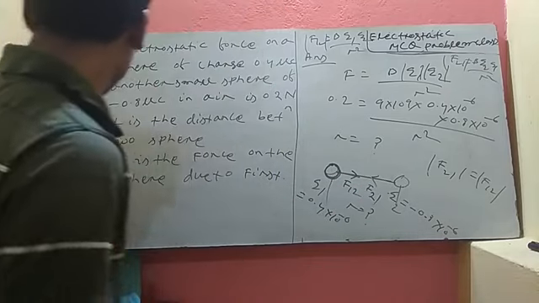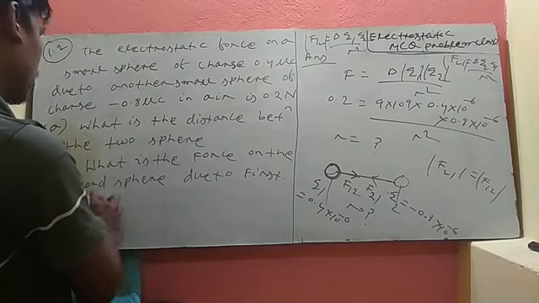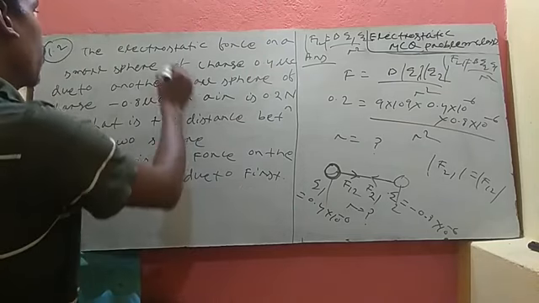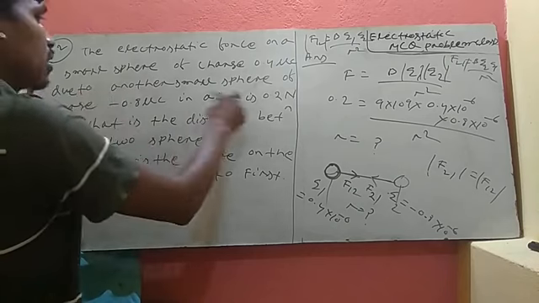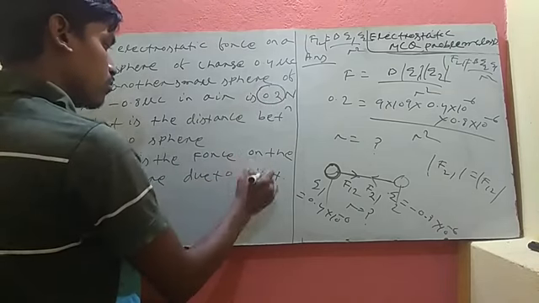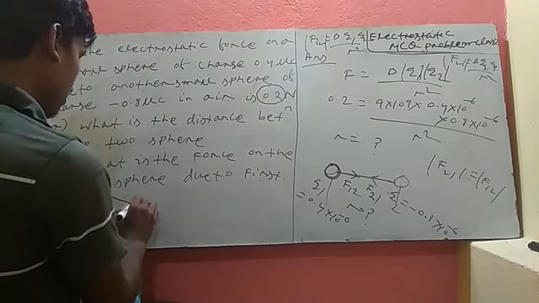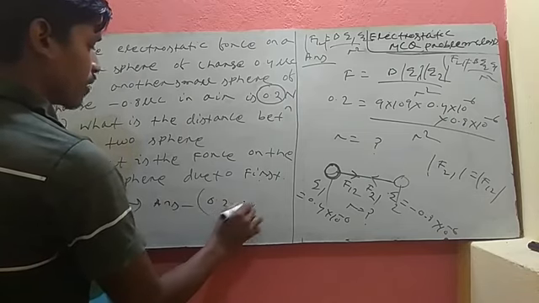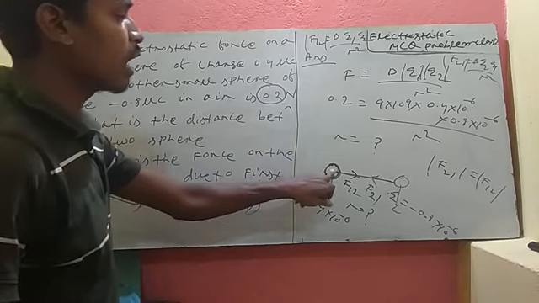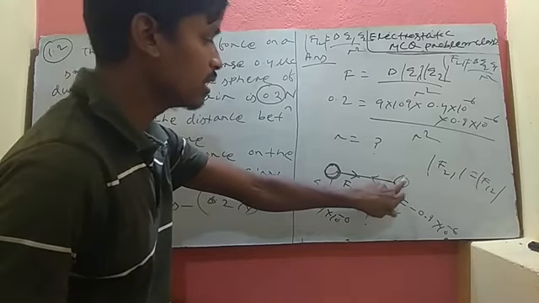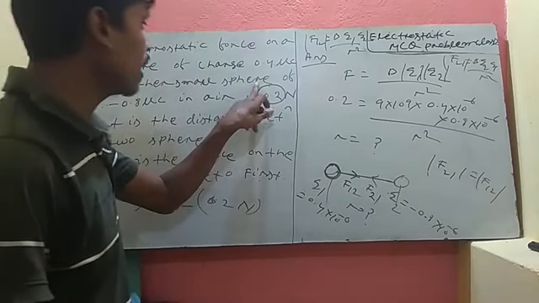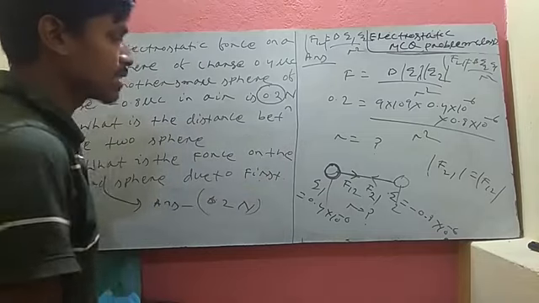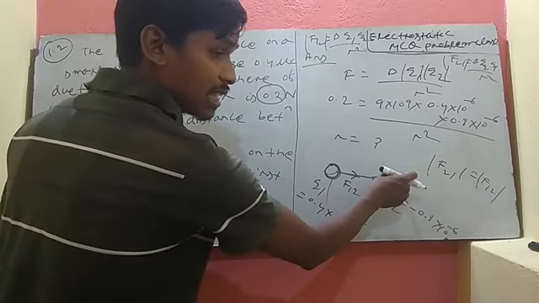That means second question B, what is the force on the second sphere due to the first? That means this force is equal to this force. So the answer is 0.2 Newton. The force acting on this charge due to this is 0.2, which is given, and the question asks the force acting on this charge due to this charge.